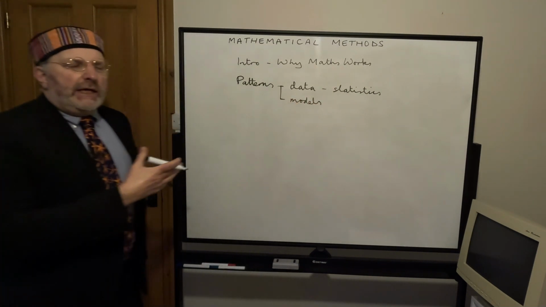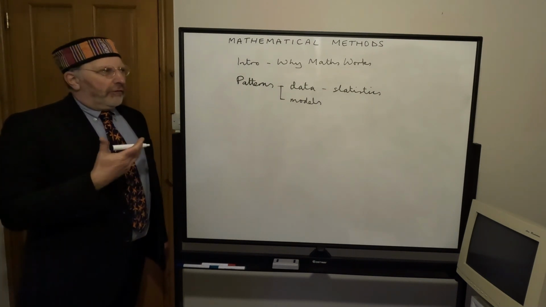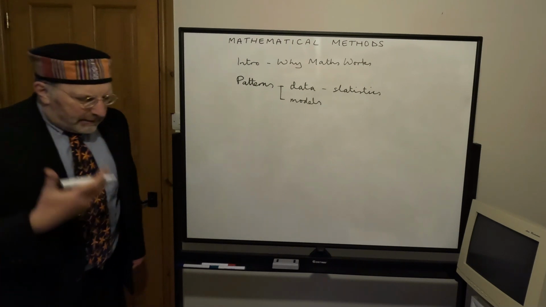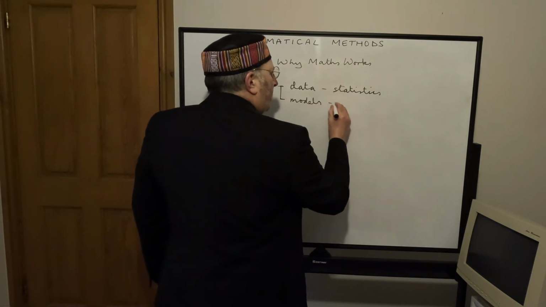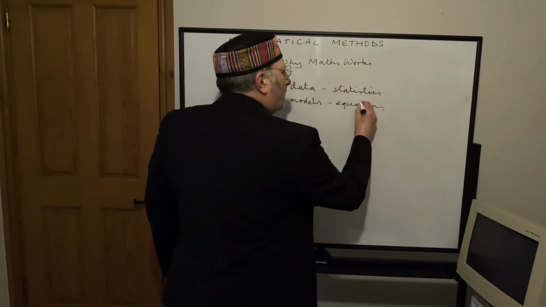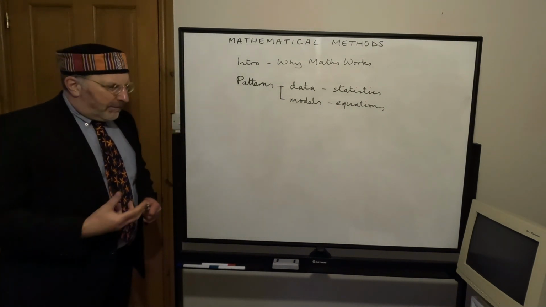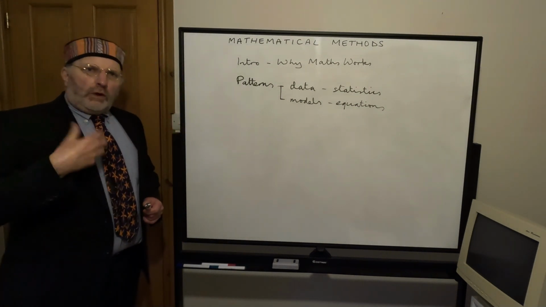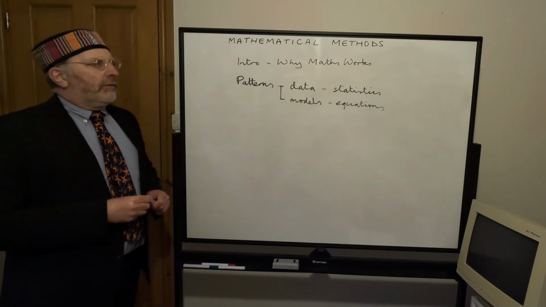And we're trying to be as precise and formal about our models as possible. And so that tends to lead us into mathematical equations, because we then have to be very precise about what our variables are and what the connections between them are.